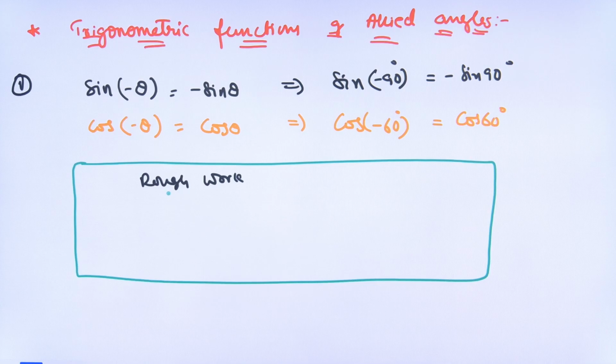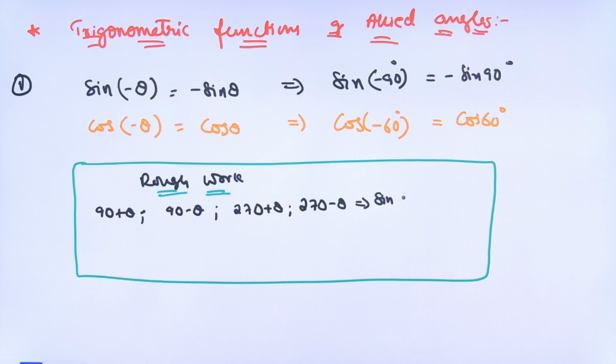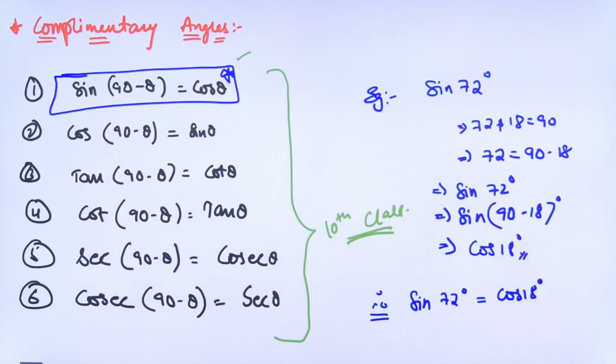Whenever we get 90 plus theta or 90 minus theta, 270 plus theta or 270 minus theta, then sine will change to cos and cos will change to sine. See, here I said sine will change to cos, cos will change to sine. This is applicable there.